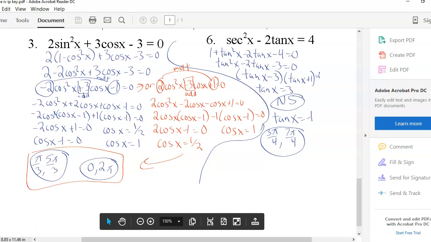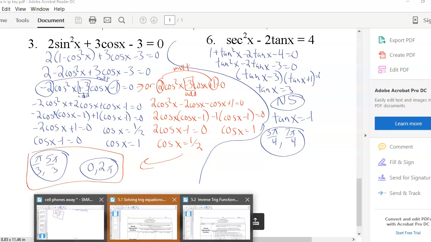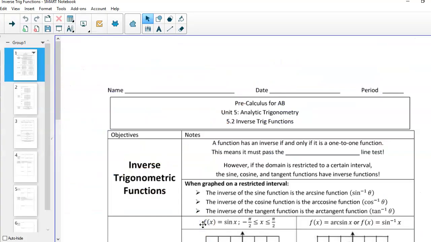I gave you guys the notes that we're not going to do very much of today at all, and we'll continue that Monday, but I just want to get some definitions so that they're in your mind. One of the things I gave you is going to relate to your inverse trig function, so I want you to go back to that, refer back to it.